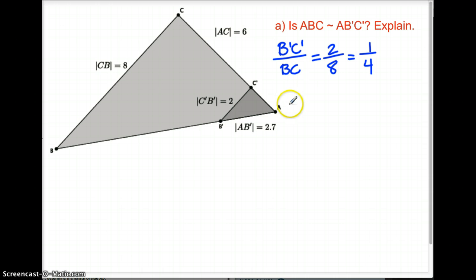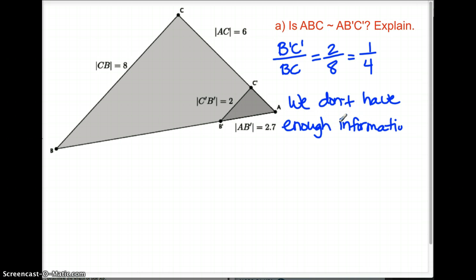So that's what we're going to write on part A: we don't have enough information to know. We would need to know the lengths of the other sides, or they would have to tell us that lines BC and B prime C prime were parallel in order to determine if they were similar or not.